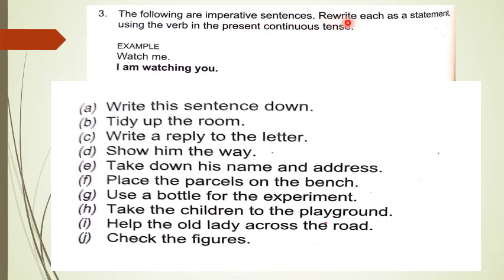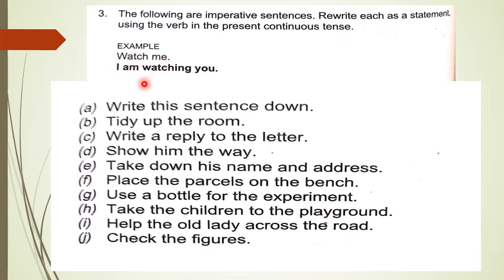What we have to do is rewrite each of these sentences as a statement sentence. That is, we have to convert these sentences into declarative sentences. But we have to be careful while using the verb. The question asks us to use the verb in the present continuous tense.